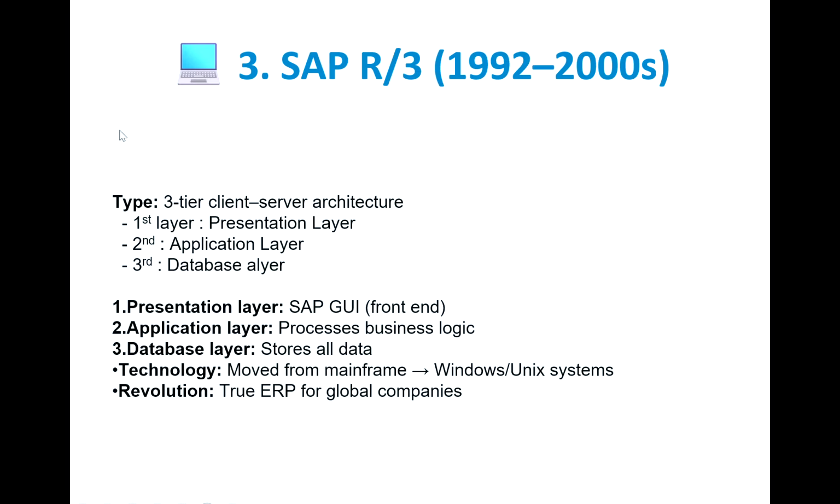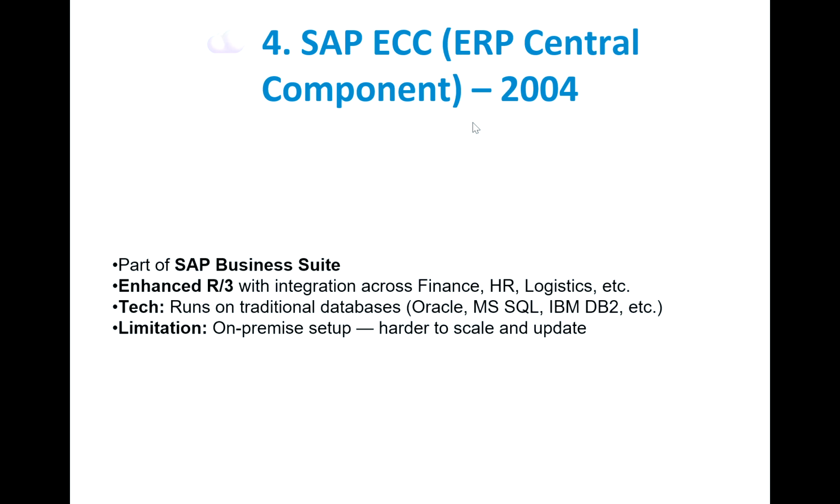This was used by most of the companies, and eventually they moved to ECC, the ERP Central Component. It started somewhere in 2004. We can also call this SAP Business Suite. It is an advanced version of R3, with integration across finance, HR and logistics, all together under one umbrella.